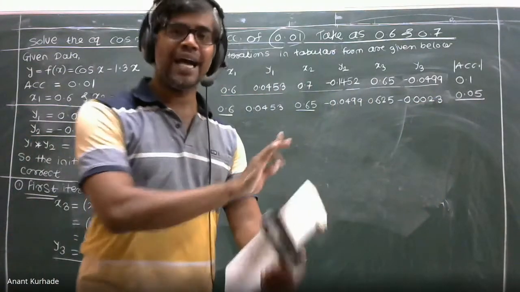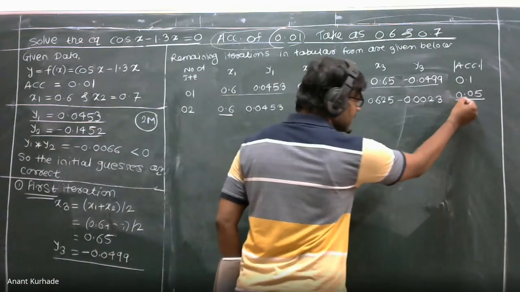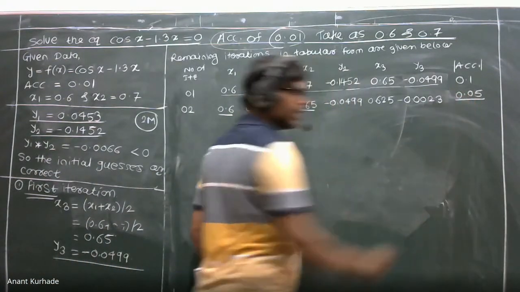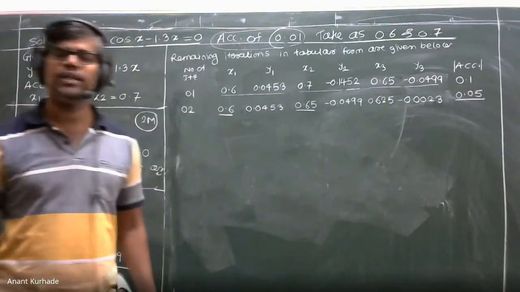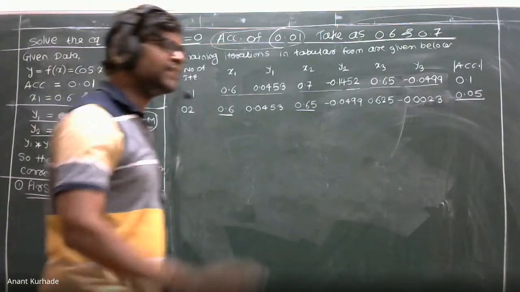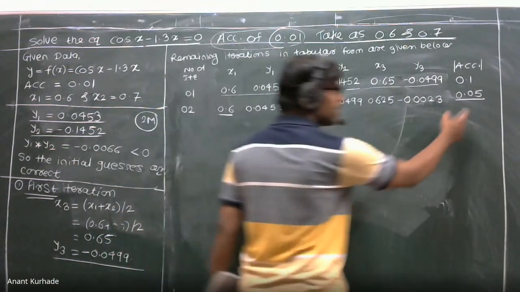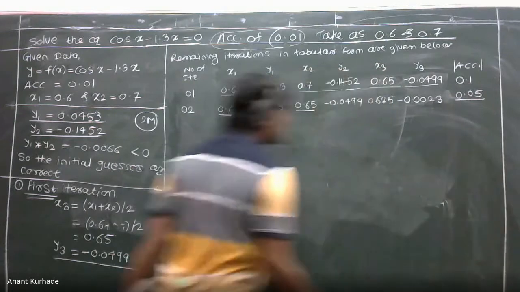We don't require its value. Remember. Now tell me whether this accuracy 0.05 is equal to the given or greater than the given. It is greater. So you cannot stop here, go for the next iteration.